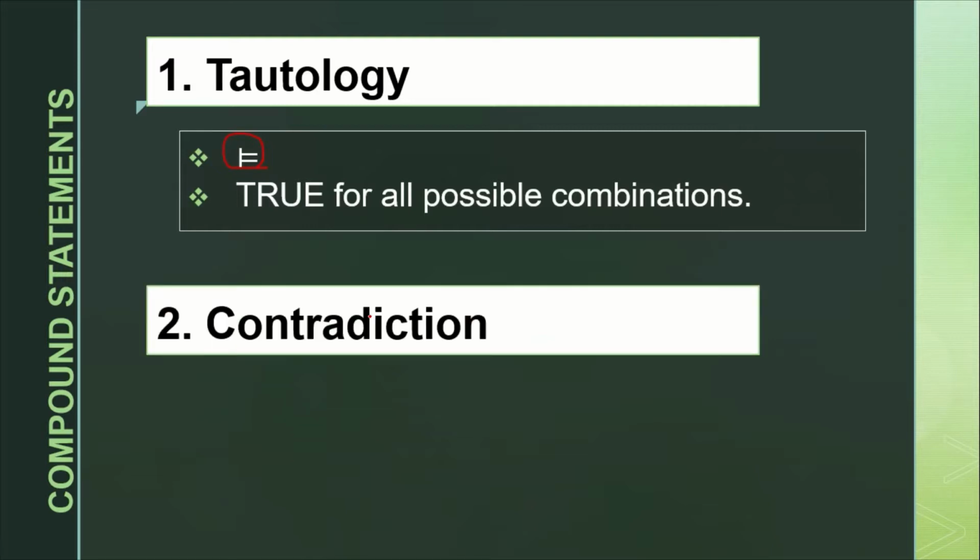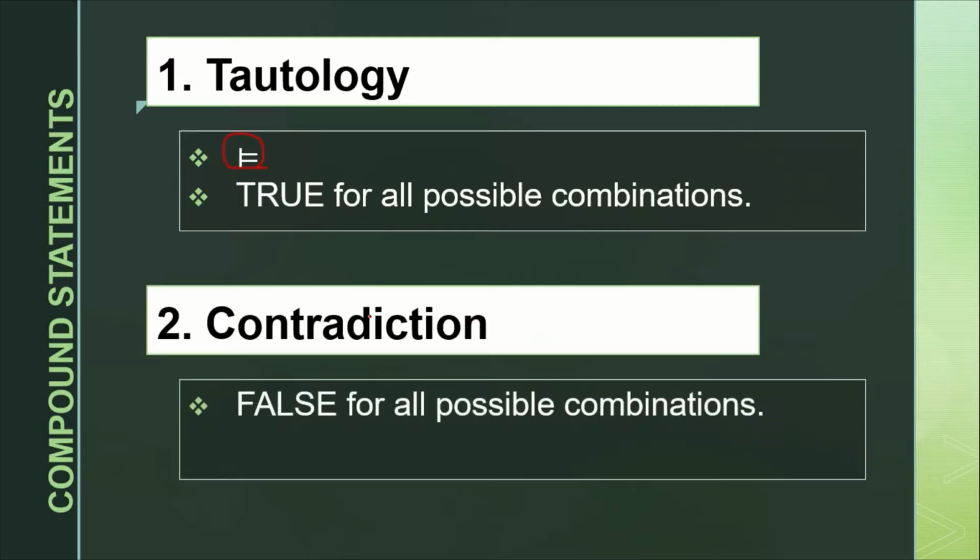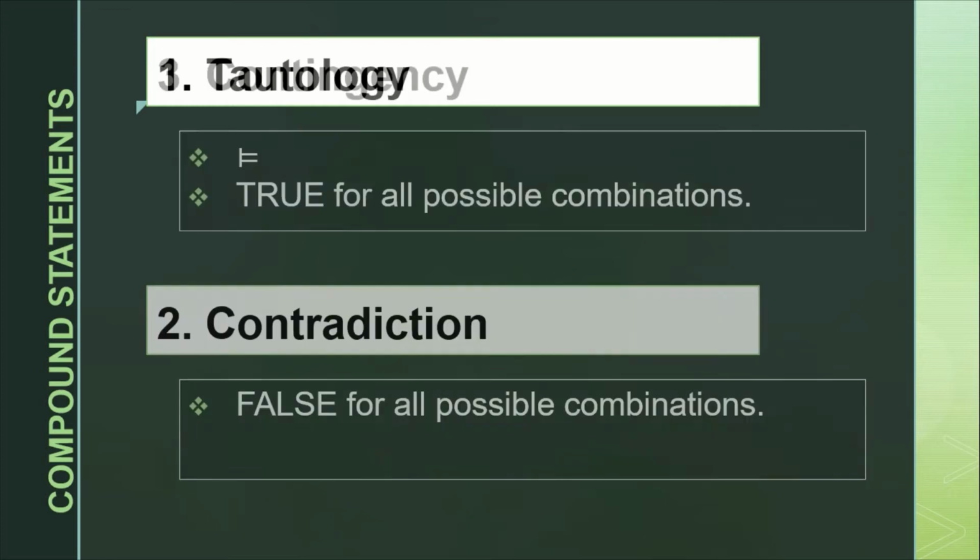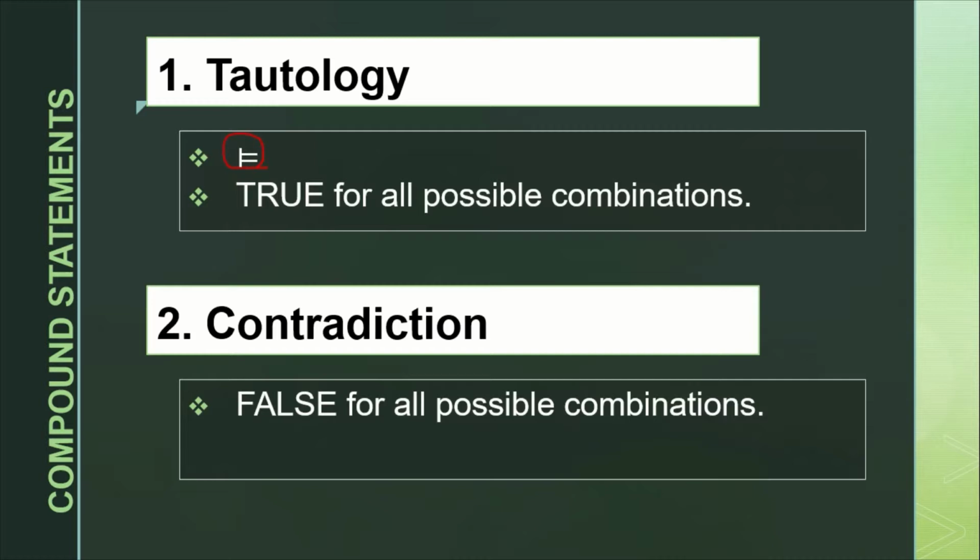On the other hand, if all of the possible combinations for that compound statement are always false, then we call it contradiction.